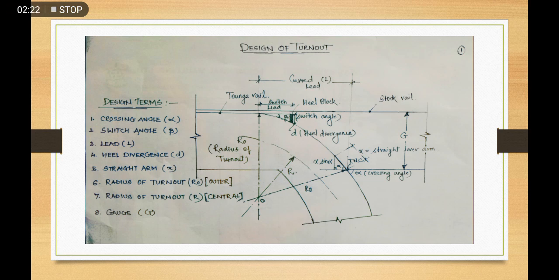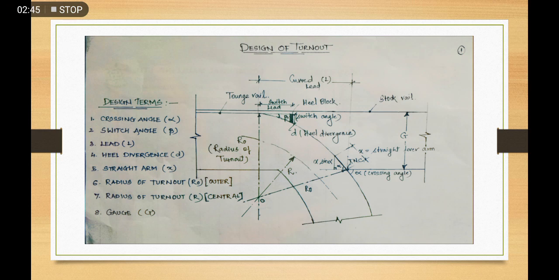Second one is called the switch angle. Here if you see the starting point of the turnout, which is also a tangent point between the tongue rail and the stock rail, its inclination at the start is called the switch angle, that is beta.